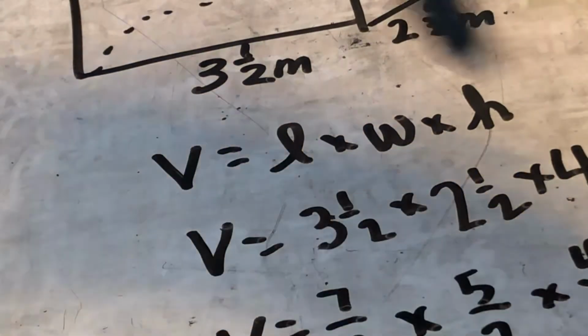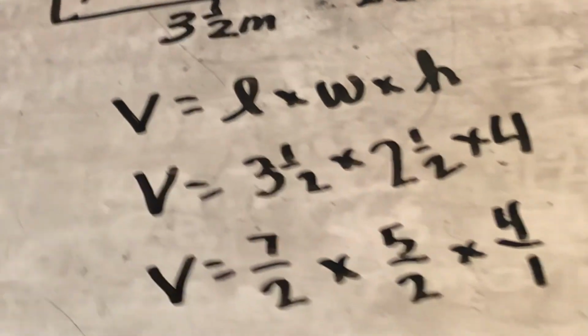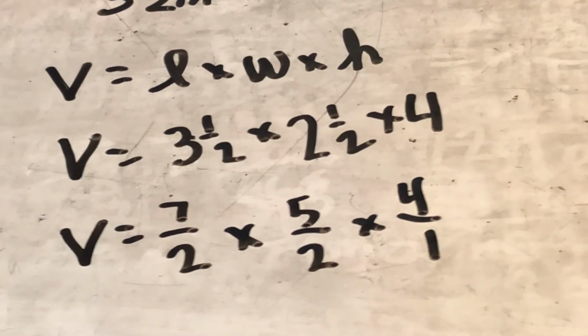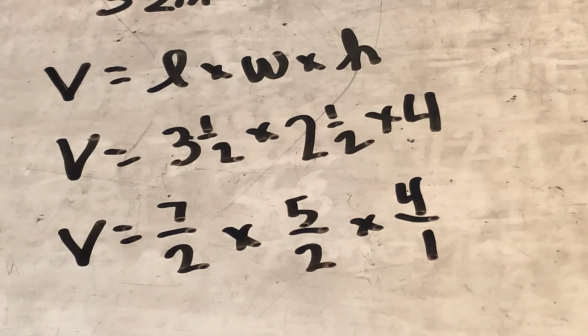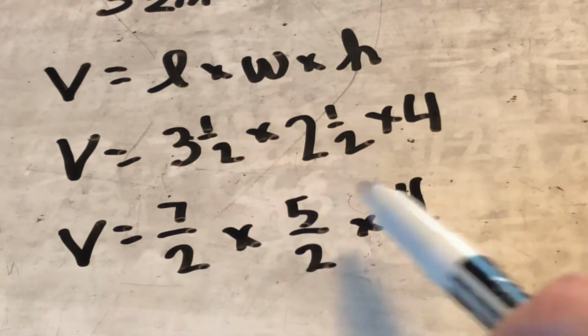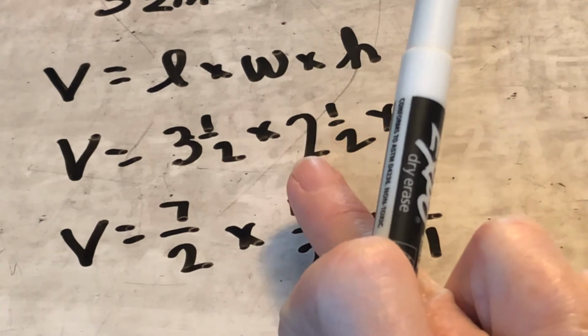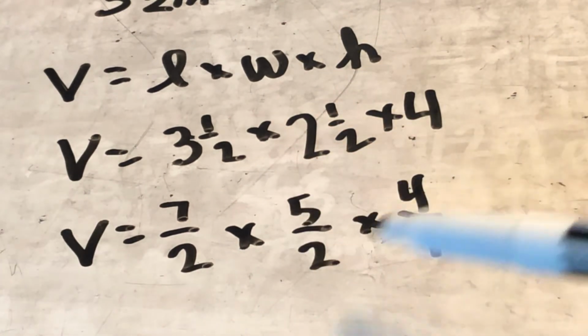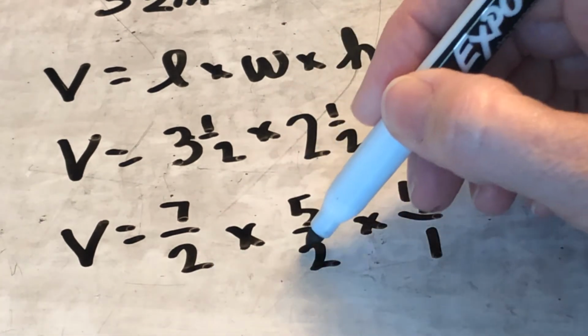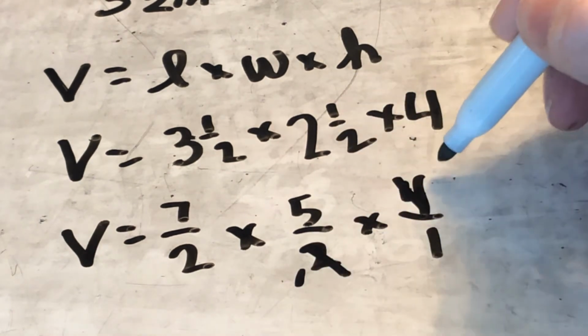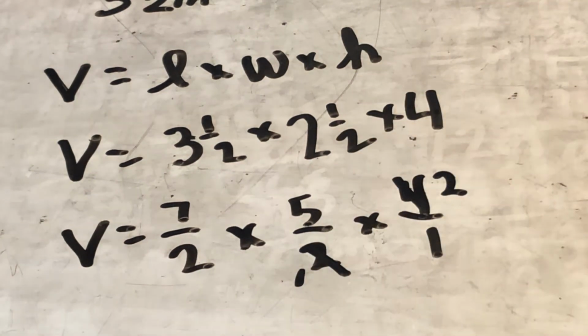Now when I take a look at these, I'm going to look for cross-reducing. Remember I told you you could cross-reduce from here to here and just pretend like that's not there, but since we can cross-reduce next door neighbors, I'm going to go ahead and do that. I'm going to turn this into a 1, and I'm going to turn this into a 2. That's all I can cross-reduce.